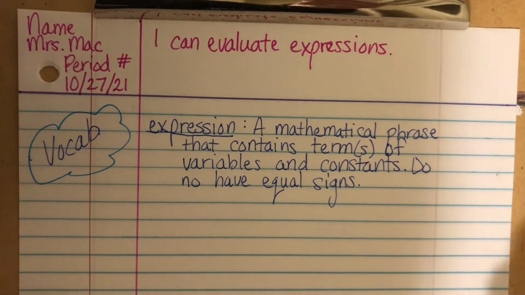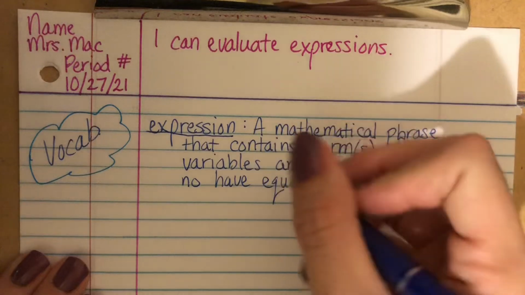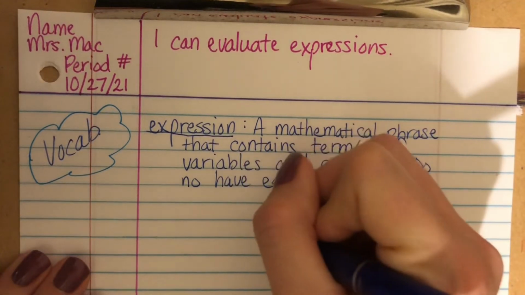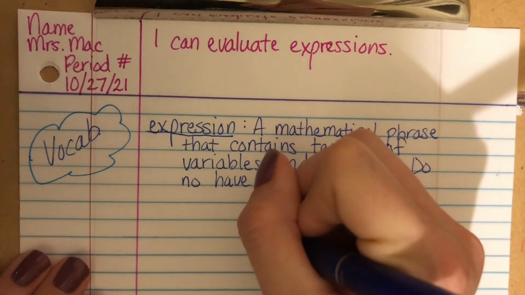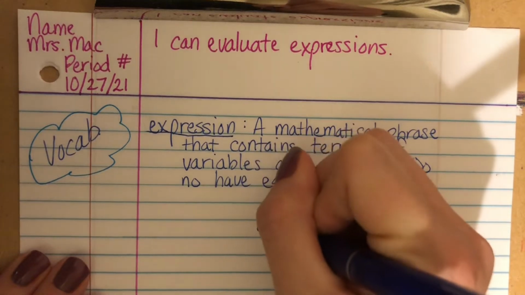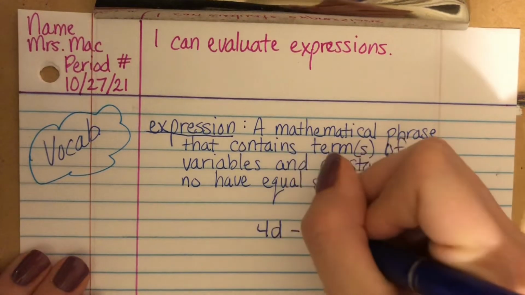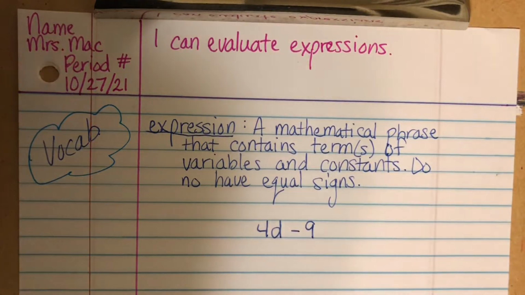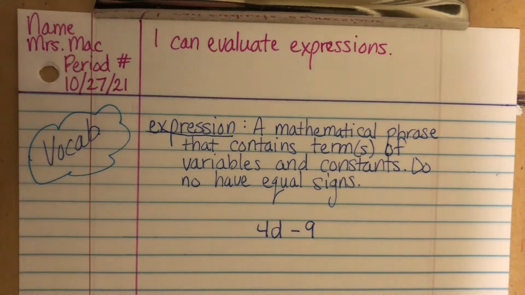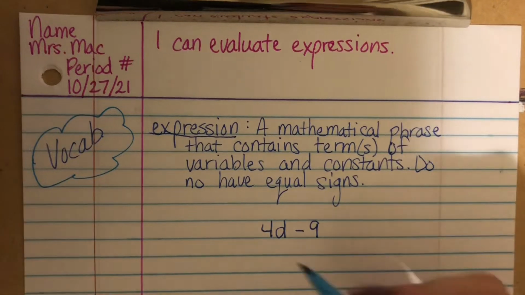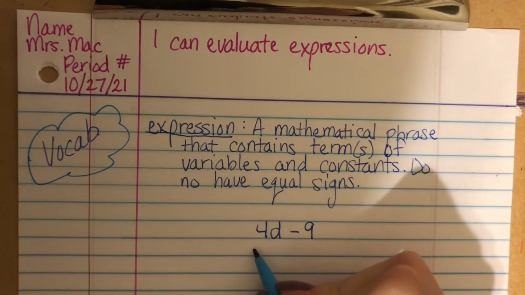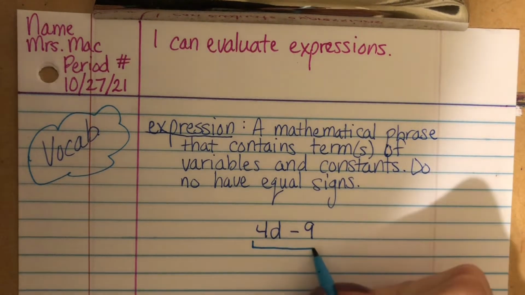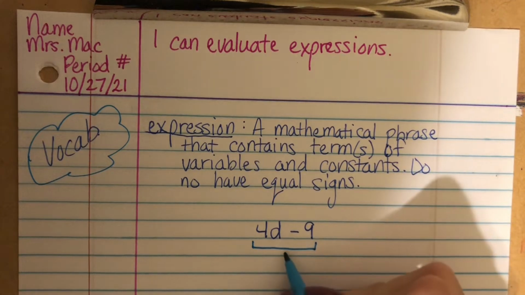So let's take a look at just a generic expression, and we'll talk about the parts of it just so that we understand all the vocabulary that's happening here. So this whole thing is an expression.